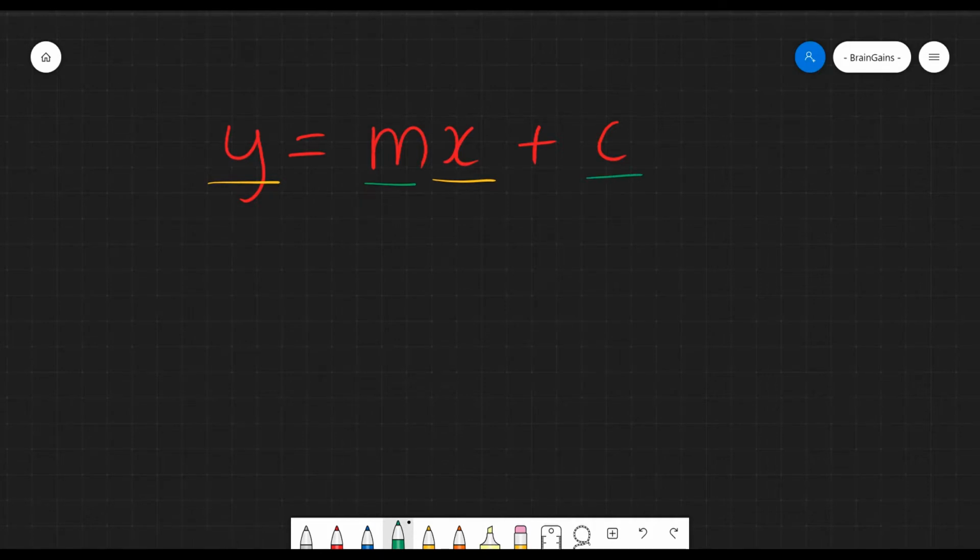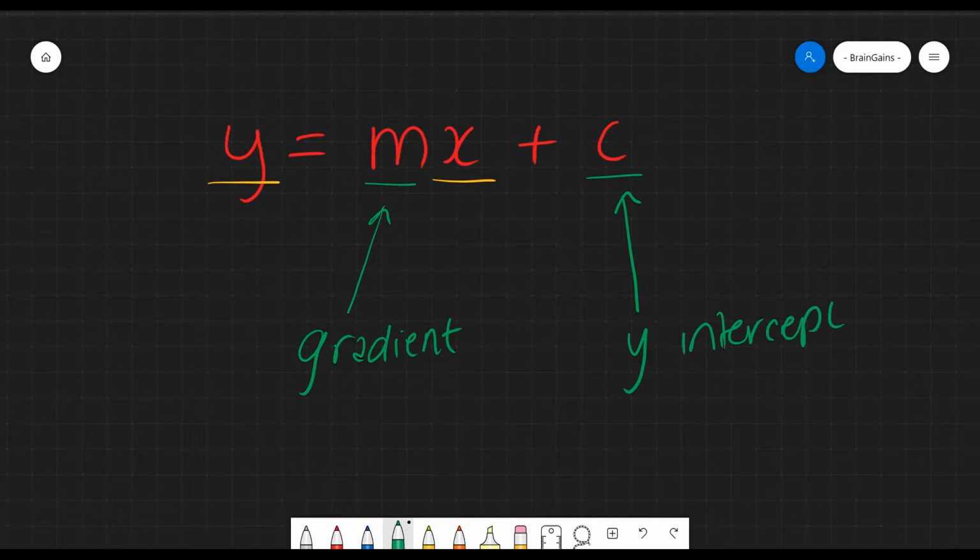These are fixed values which we need to find. m is our gradient, which is the steepness of the graph. c is called our y-intercept, which is where the straight line crosses the y-axis. We'll cover how to find the y-intercept later on as well.